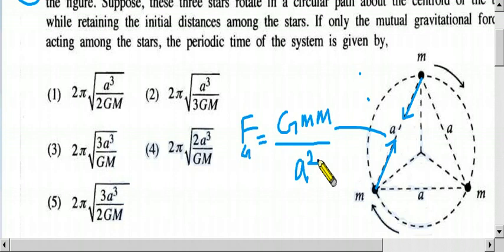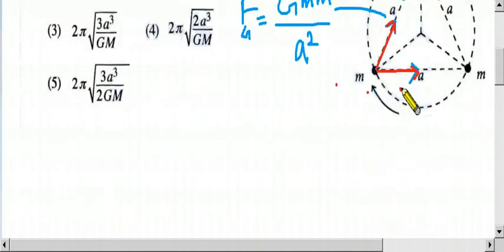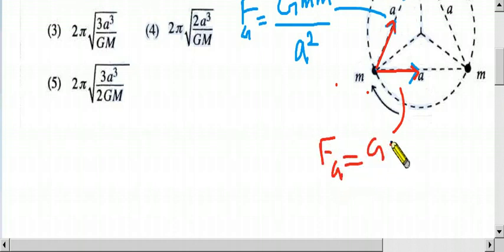So that is the gravitational force. The same gravitational force acts this way also, from this star to this one. So for this star, now we can see two gravitational forces act in these directions. So this force is also equal to G m1 m2 divided by a squared.